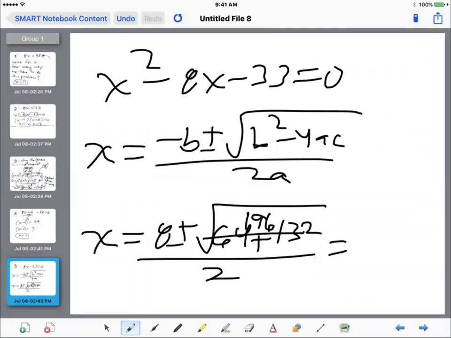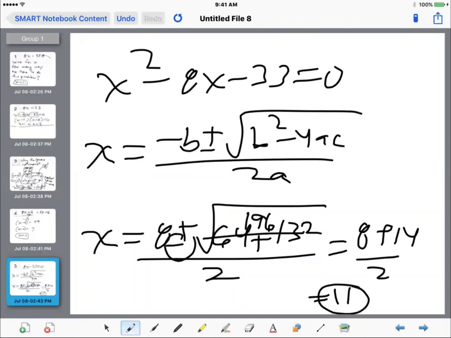So it becomes 8 plus 14 over 2, which is 11. I could also get a negative answer, but I'm going to ignore the negative answers. I'm going to do a quadratic formula that doesn't have a minus in it. And I did see other approaches, graphing and things like that.